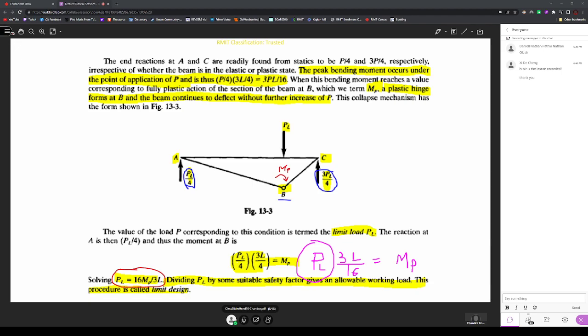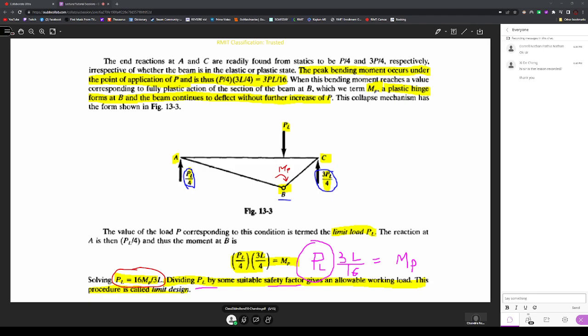So this is how we can calculate the plastic load for a simple beam which is supported at A and C, and the load is acting at point B. So based on this plastic load, you can come out with appropriate safety factors, and you will be able to design the beam for increased loads. The design refers to coming out with an expression for the plastic load in terms of the plastic moments.